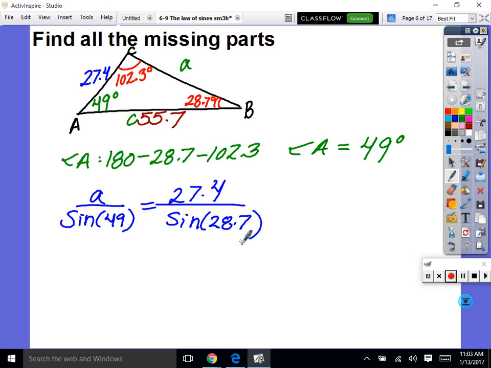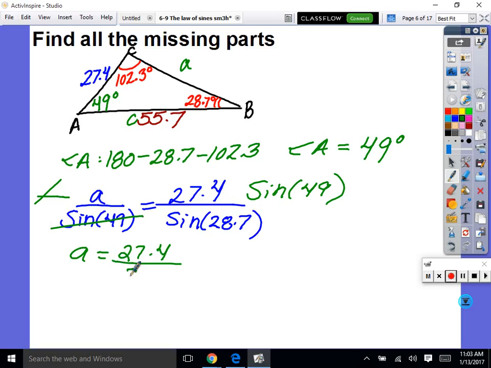Because I set this up in the smartest way possible, there's only one step to get A alone. Multiply both sides by sine of 49. When we multiply this side by sine of 49, it's going to divide out. So A is equal to 27.4 divided by sine of 28.7 times sine of 49.